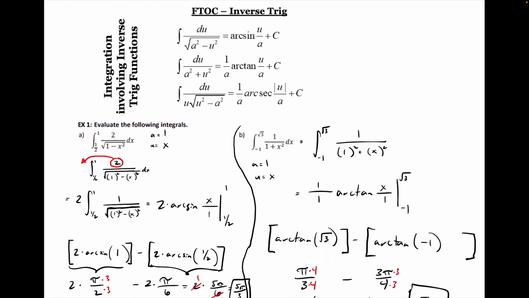If you have a problem that's 2 plus x squared or something like that, it won't work because you can't square something to make 2. Won't work. But if it's a 4 plus x squared, then 4 would work. 4, 9, 16, 25, those numbers definitely would work. Okay, that kind of gives it away.